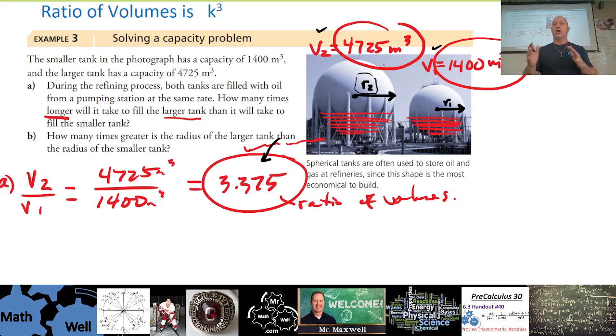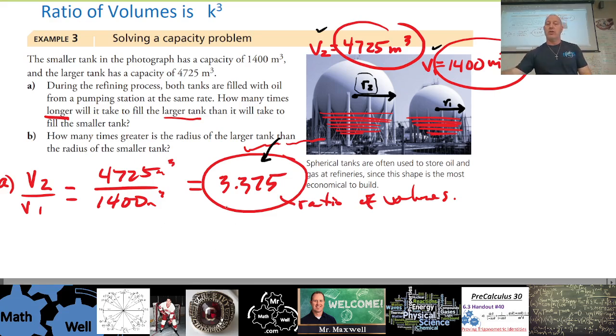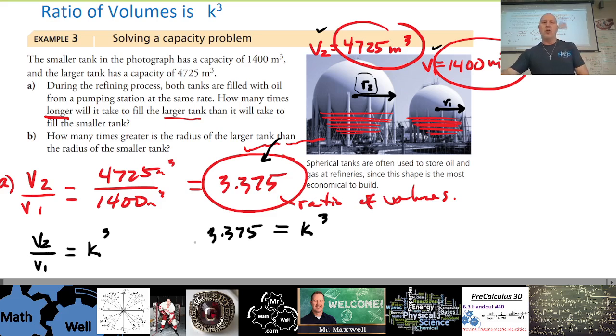Okay, cube root. Cube root what? Cube root this number? Yeah. Okay, let's go back, and the ratio of volumes is k cubed, isn't it? Now k is our scale factor, so 3.375 is k cubed. So if I want the ratio of single dimensions, I have to find k, the scale factor. Someone said cube root, that's awesome.